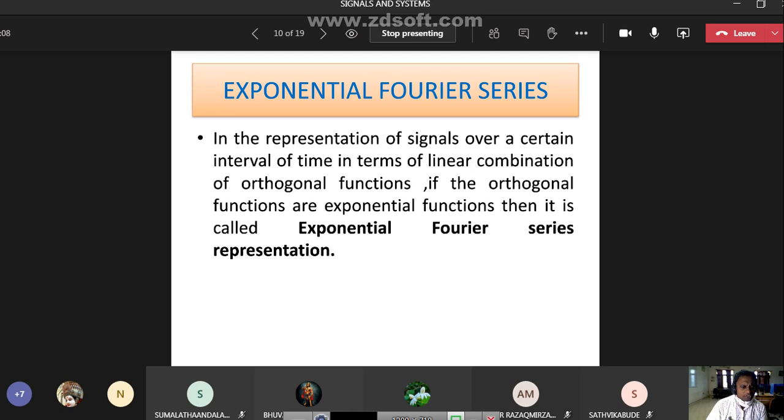If you use exponentials to represent a given signal, we call it exponential Fourier series. If you use trigonometric functions, it is called trigonometric Fourier series representation.